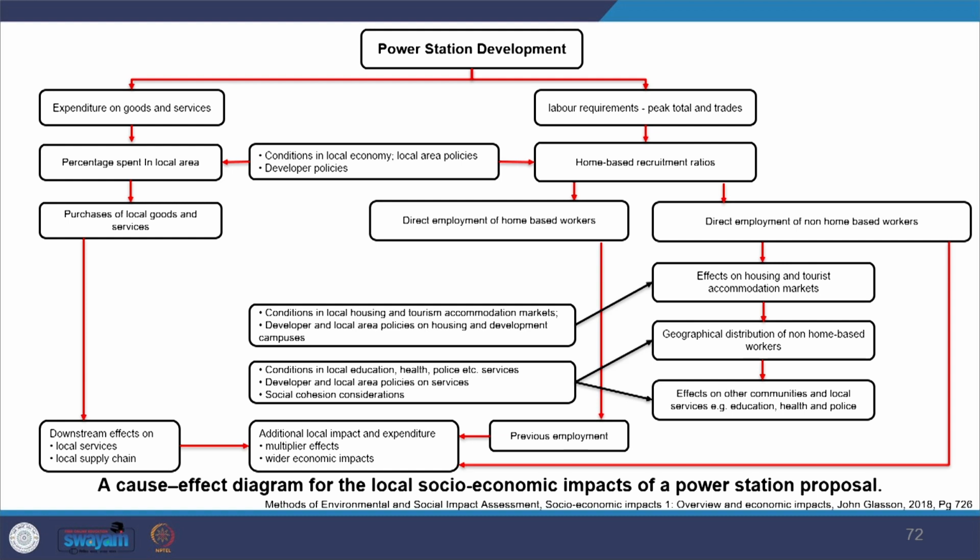Likewise, on the right hand side, you can see the labor requirement, and then home based recruitment ratios, what's happening, direct employment, and then direct employment for non home based workers, and so on. So that is how you would look at causal effect. You can also create causal effect diagrams and try to understand indirect jobs which would be created.